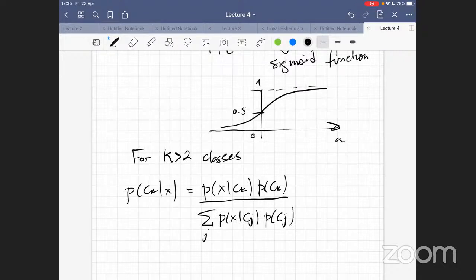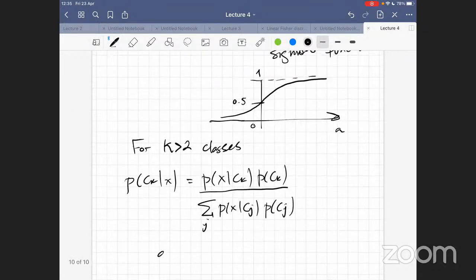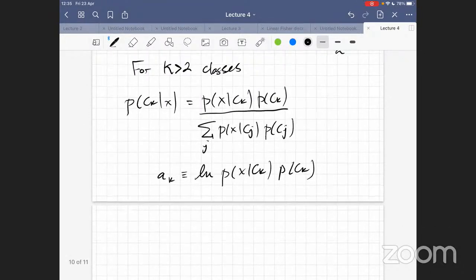PCJ. Okay, this is the generalization on that. And by defining some quantity A_k here, which is just the log of this likelihood times the corresponding prior, I am able to rewrite the whole thing here as e to the a_k over the normalization.